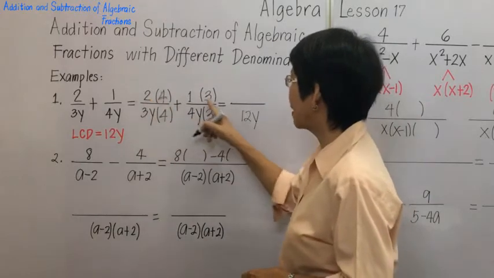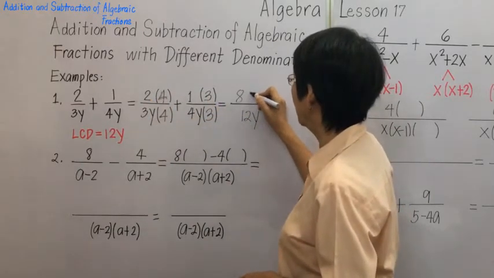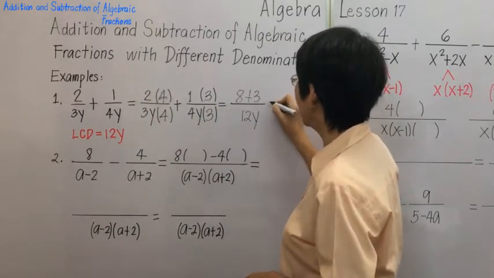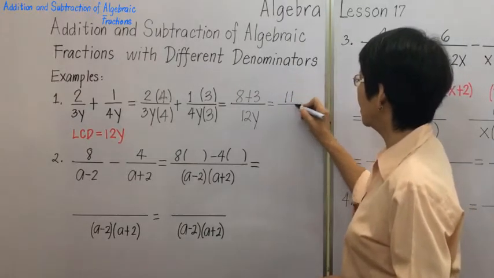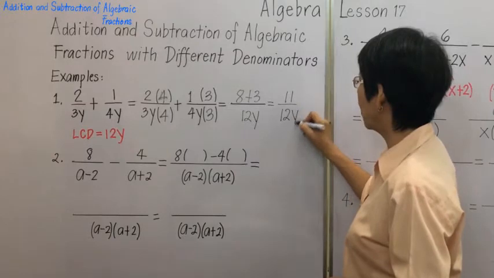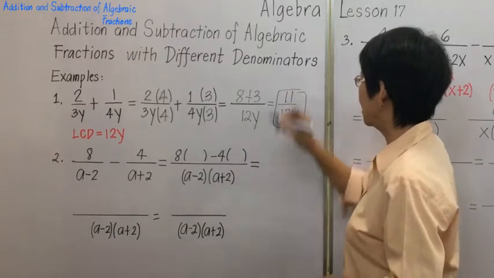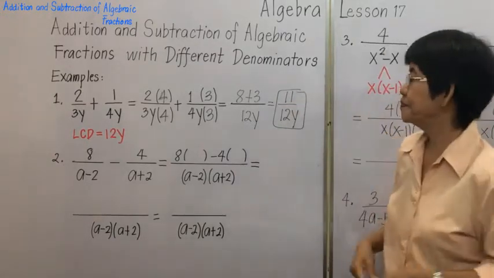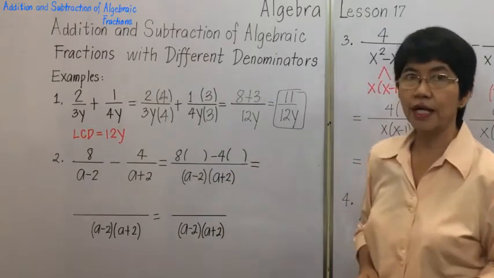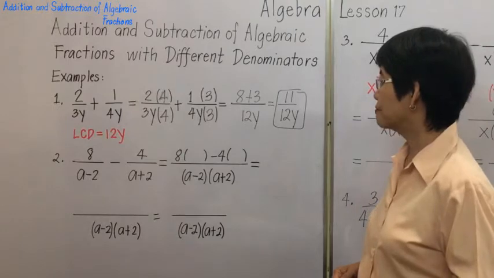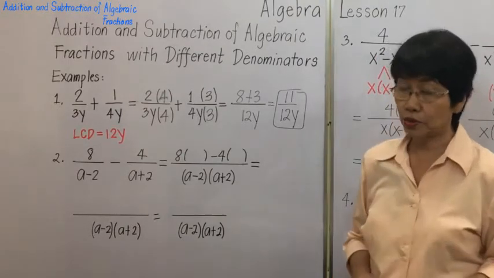So we have 8 plus 3 equals 11 over 12y. That's the answer.